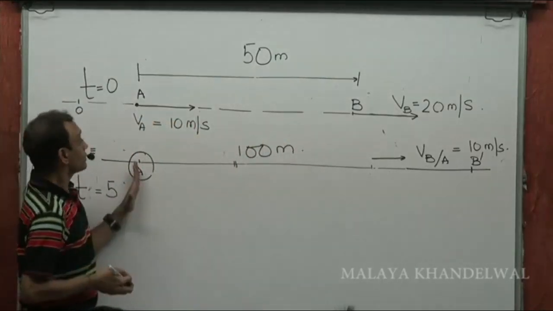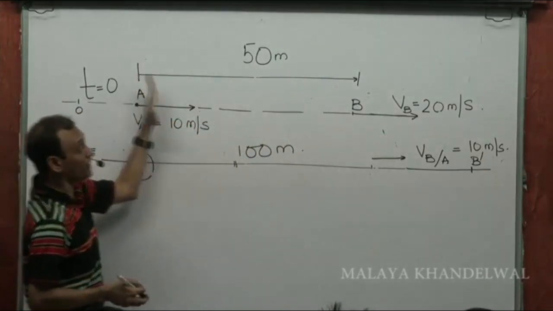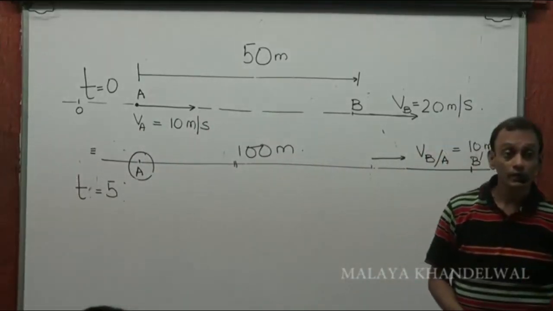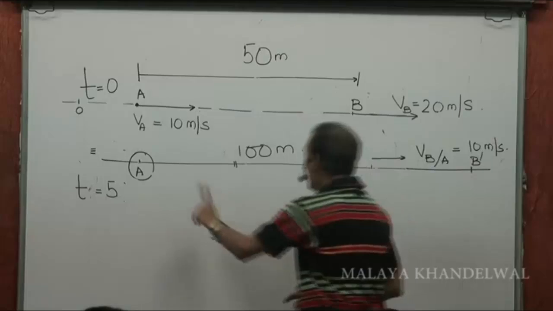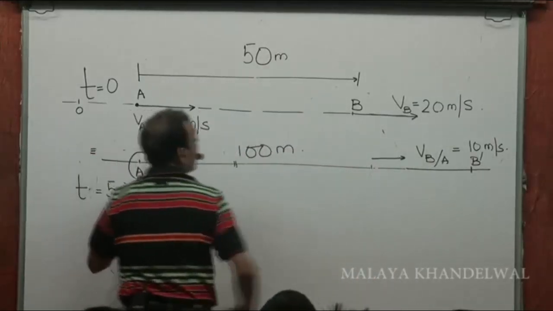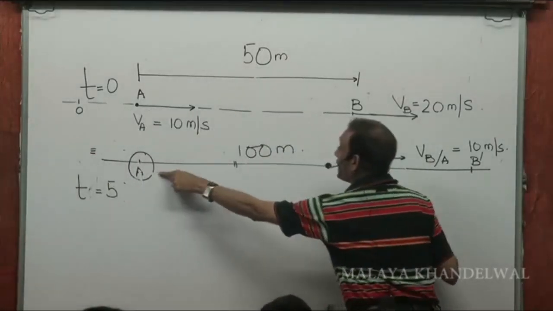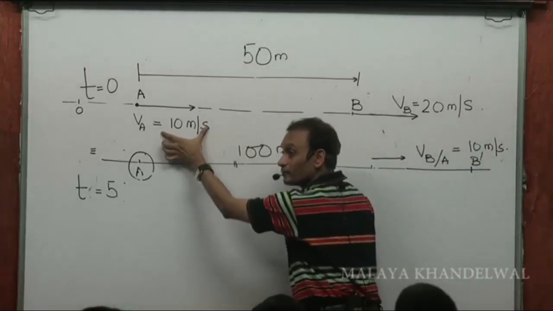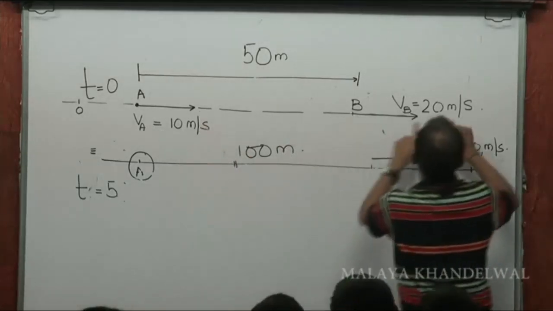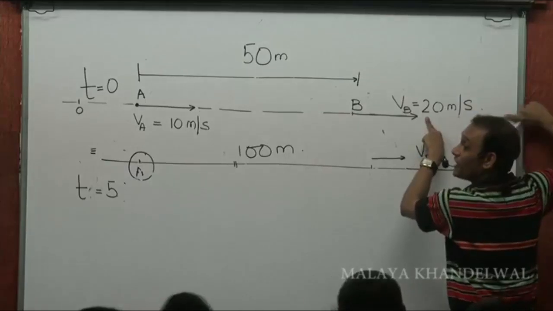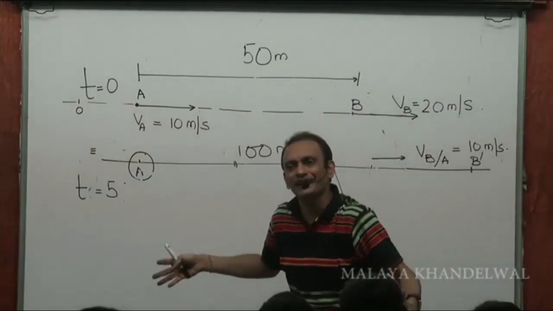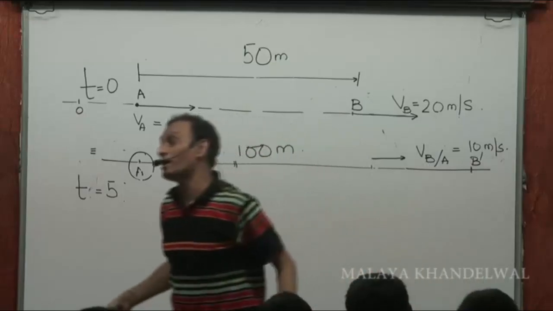But from the original position of A, is B actually 100 meters away? No, because A is not at this position, and B is not at this position. A would have advanced in 5 seconds by 50 meters, B would have advanced by 100 meters. So the new separation would have increased by 50 meters. The new separation would have become 100 meters.